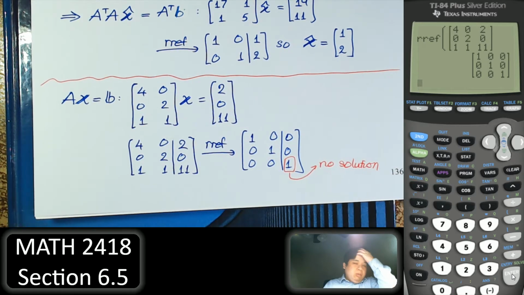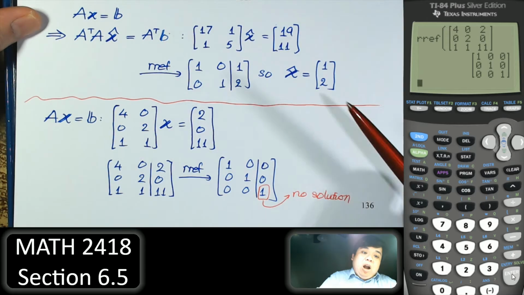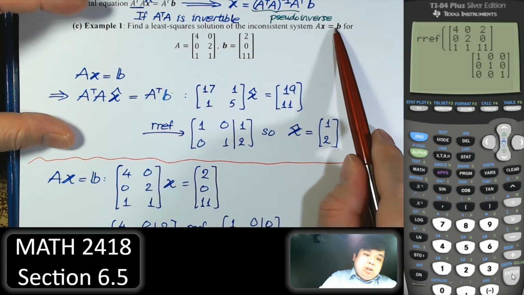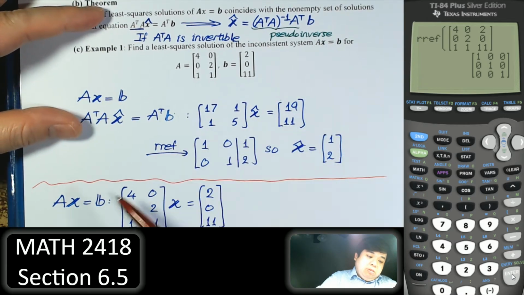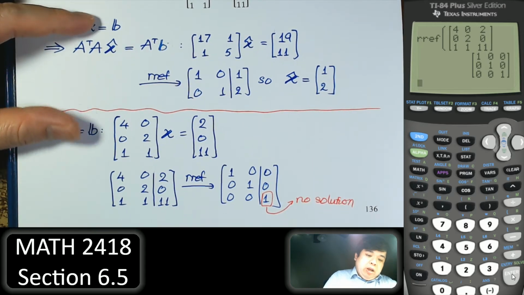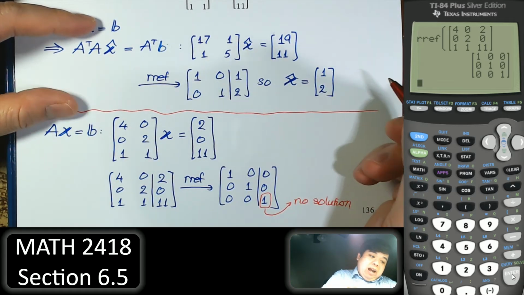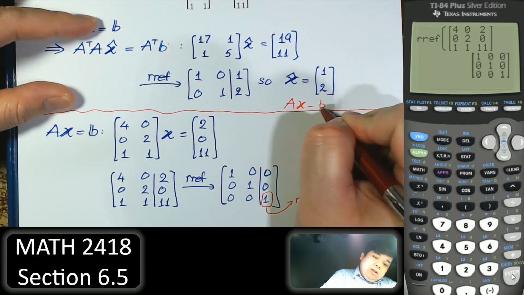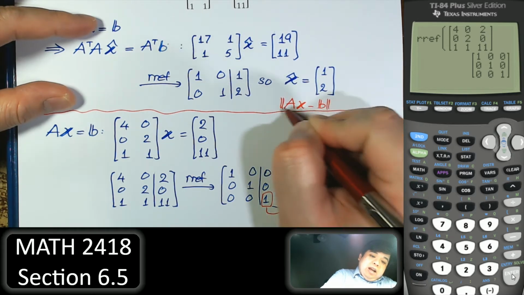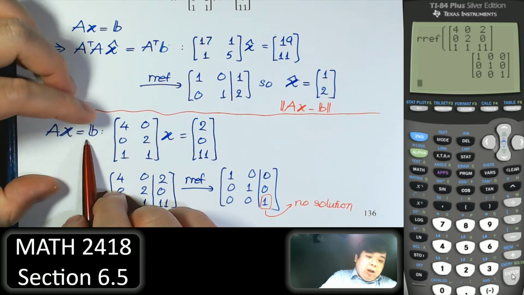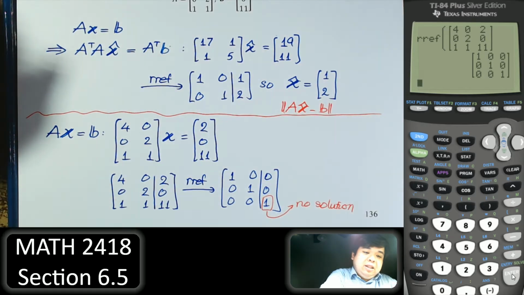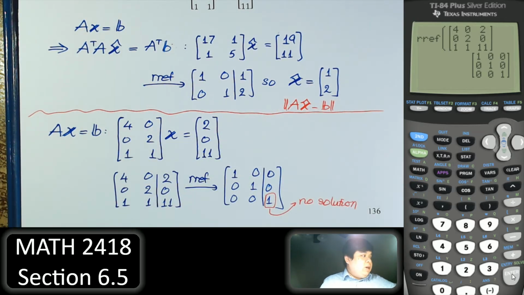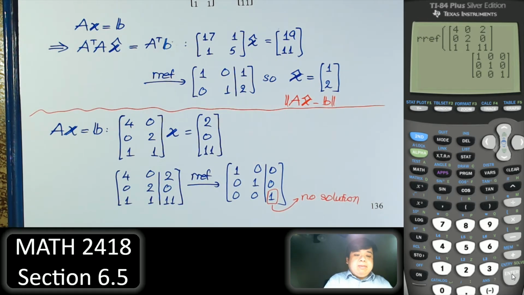So when we solve this system of equations, we have no solution, but we come up with a solution that is as close as possible to Ax equal to B being true. With x hat equal to 1 and 2, the difference between Ax and B gets as close as possible. Of course, if there is a solution in the system, then doing this will give us the exact solution as well. But in this case, that's what we have.